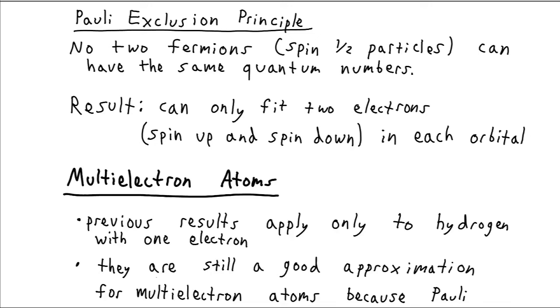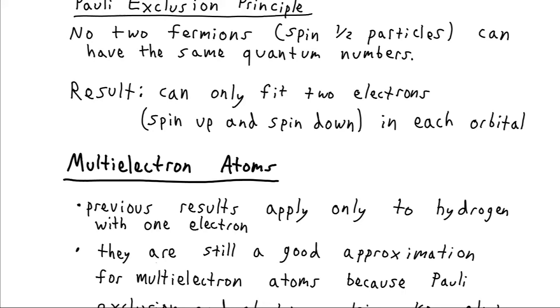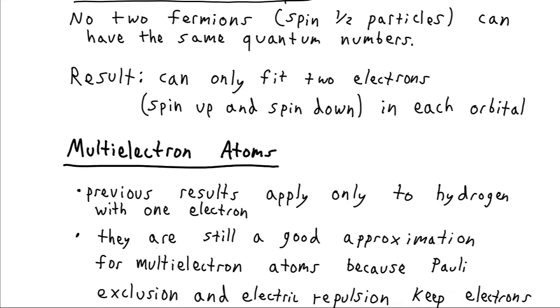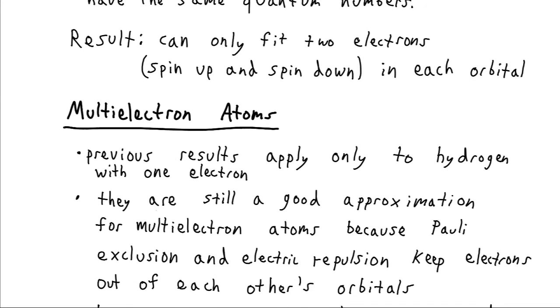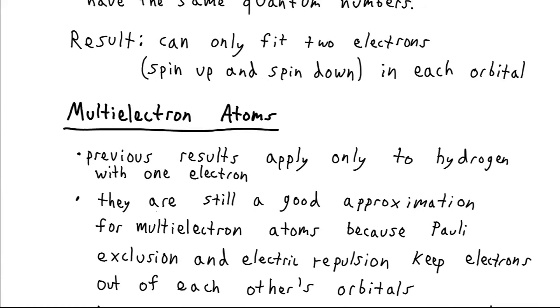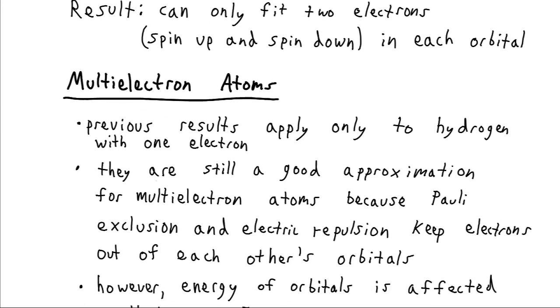However, we are in luck because our solutions, even though they only apply to hydrogen, are still reasonable approximations for our multi-electron atoms. And the reason they're good approximations is because the Pauli exclusion principle and electric repulsion keep these electrons out of each other's orbitals. So they tend to stick in their own orbitals, largely.